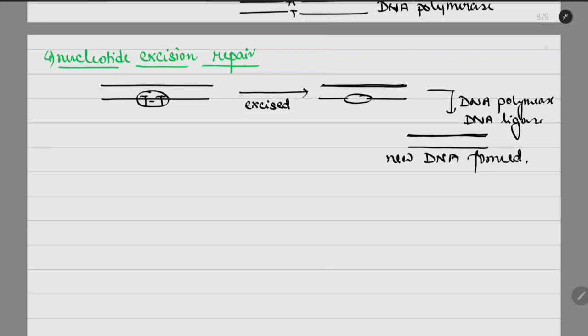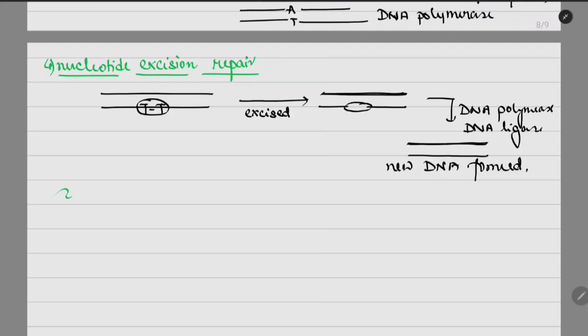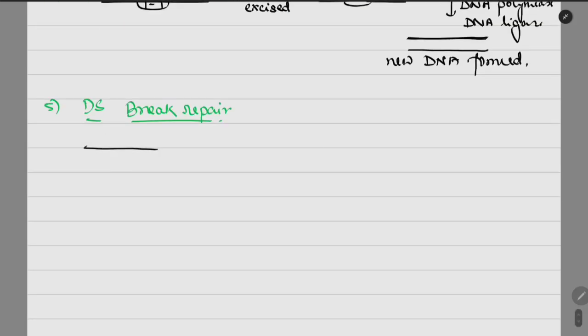Now the last one, that is the fifth one, double stranded break repair. Now here both the strands have been damaged and they are repaired. Okay, if I show it with the diagram, this is our DNA and both these strands are damaged at this point, maybe I would say.